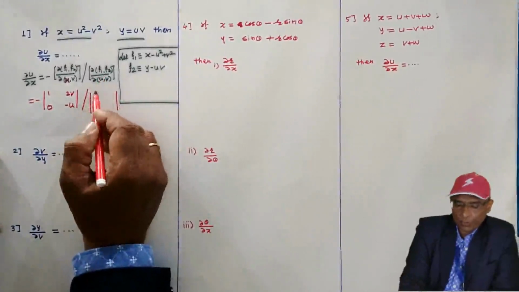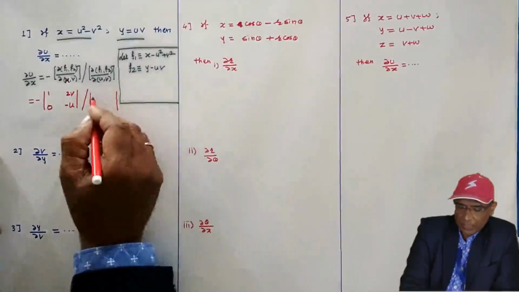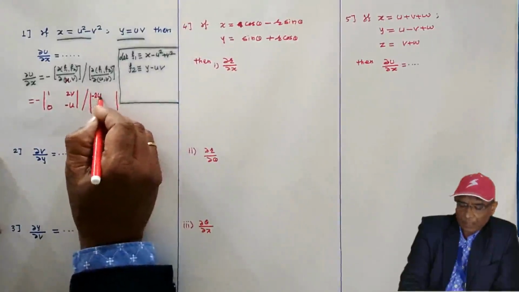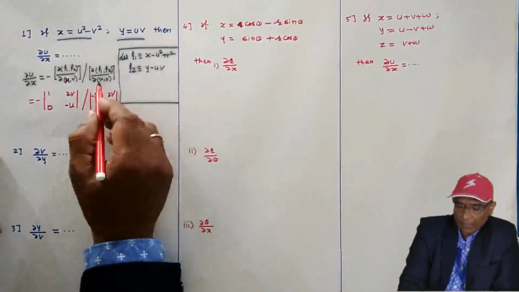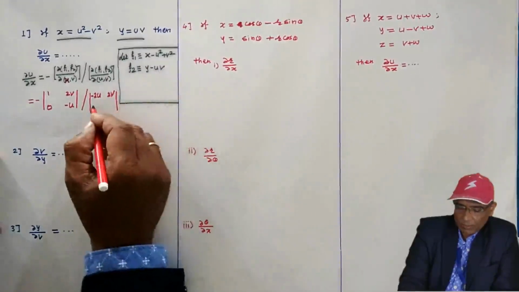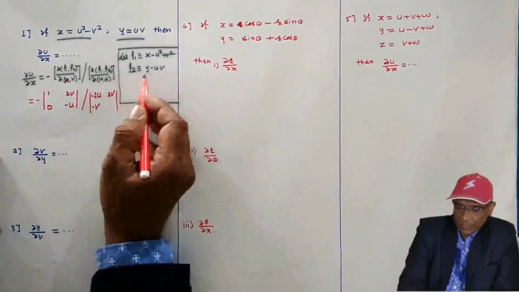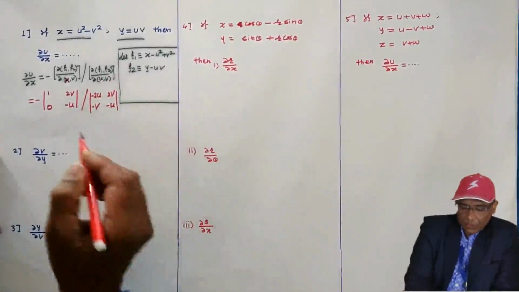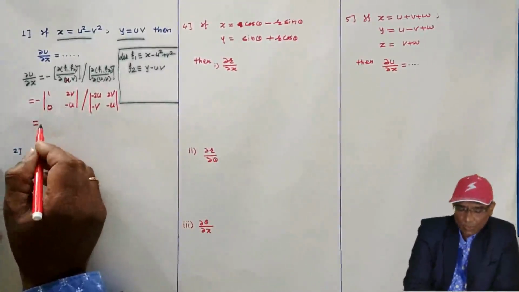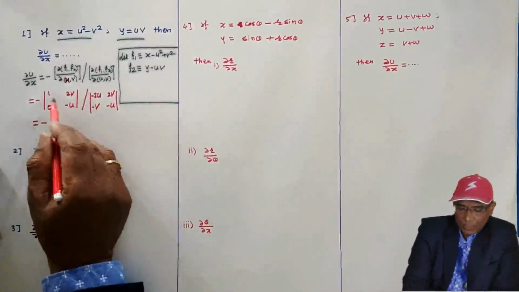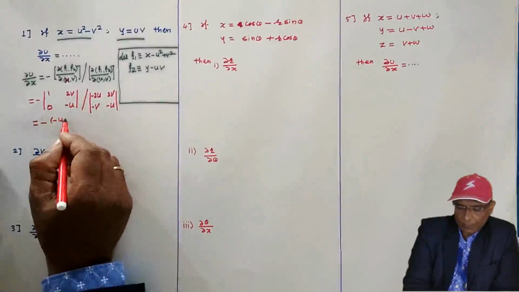Now, the denominator Jacobian. Del f1 by del u is minus 2u. Del f1 by del v is 2v. Del f2 by del u is minus v, and del f2 by del v is minus u. Now solve this determinant. A 2 by 2 determinant you can easily solve. 1 into minus u is minus u, minus of 0.